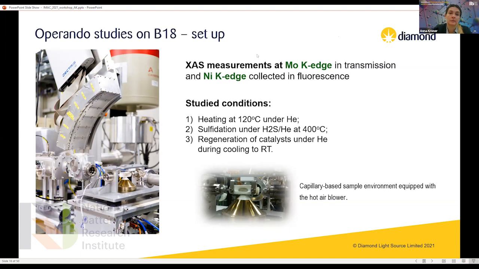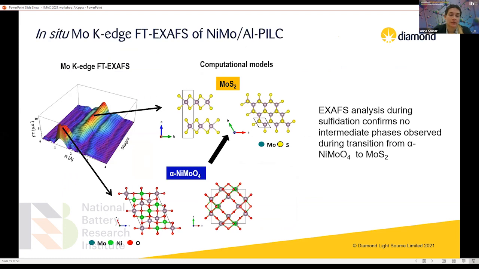While we were applying these conditions, we first carried out work on molybdenum, and then we repeated exactly the same reaction on nickel. And what we found out is, on the left, this is the Fourier transform of the EXAFS data, and this plot, roughly speaking, gives us the radial distribution.